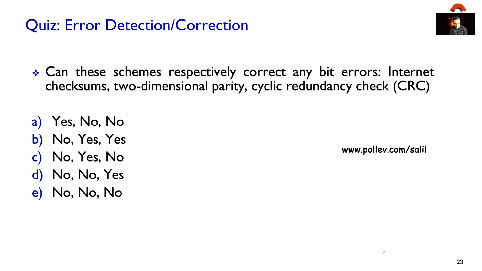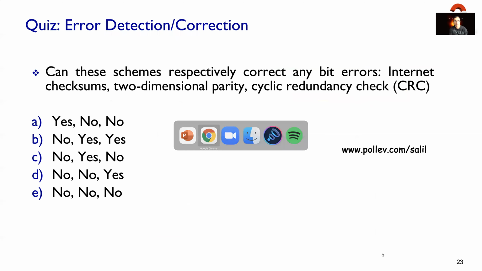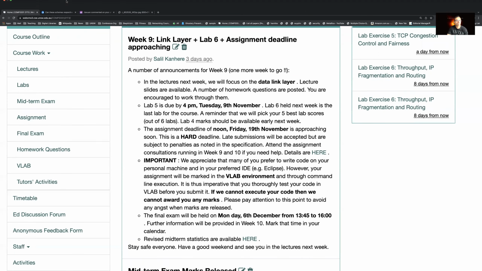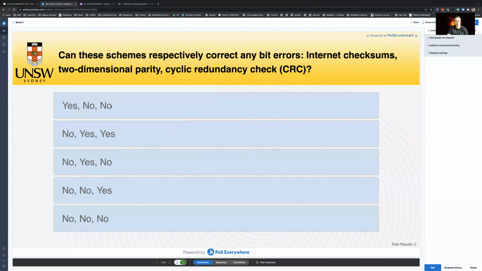So let's do a quick quiz while we are at this. I think this should be live. Yeah. So it's asking you whether these 3 schemes that we've just looked at can always correct bit errors, any bit errors. So I'm not talking of 1-bit errors, 2-bit errors. It's a more general question.